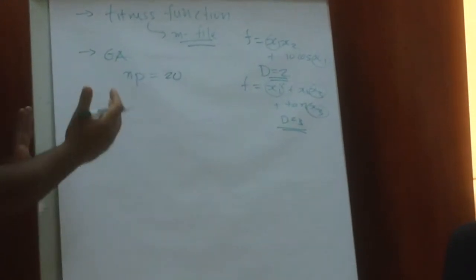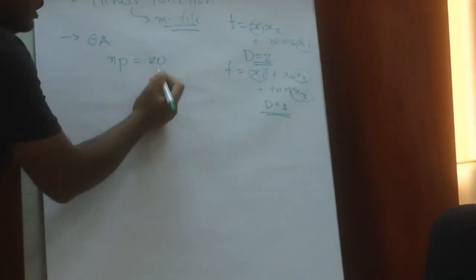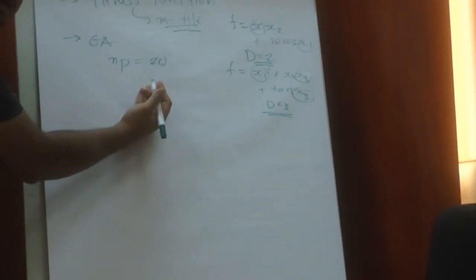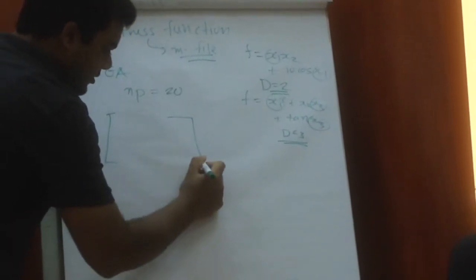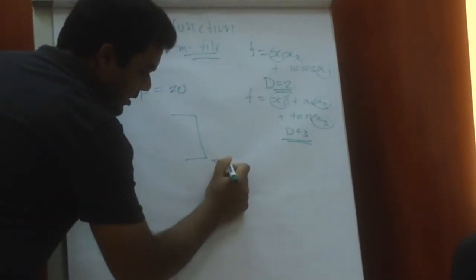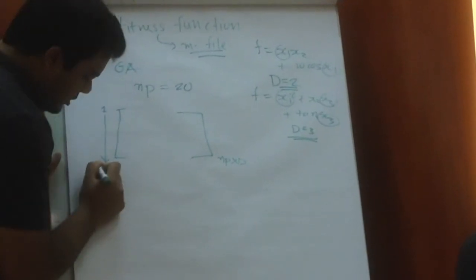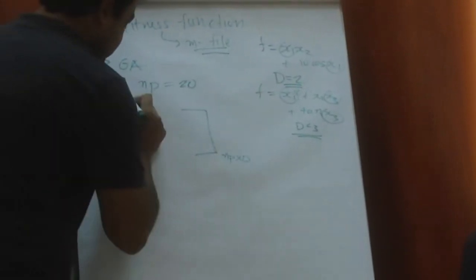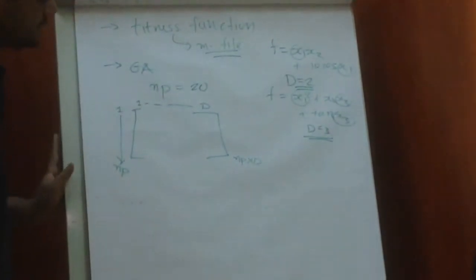Now, how will this GA operate? Say if you specify your population to be 20, right? It will create a matrix of NP cross D. That means it will have NP rows and D columns.